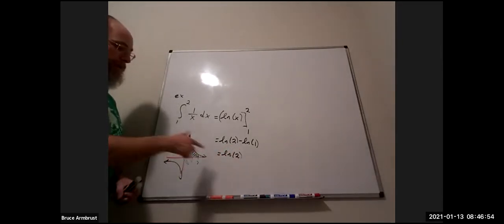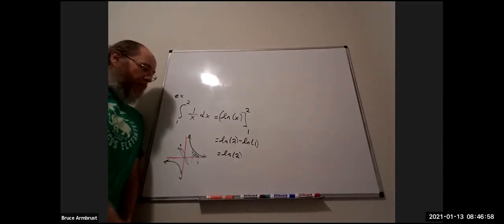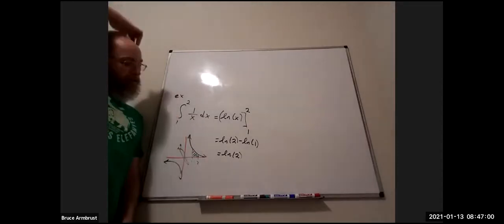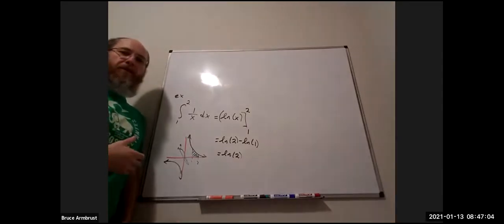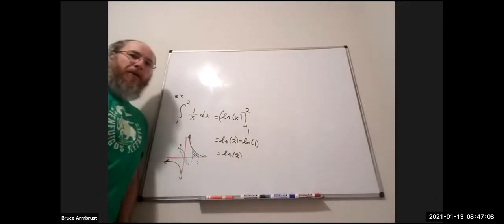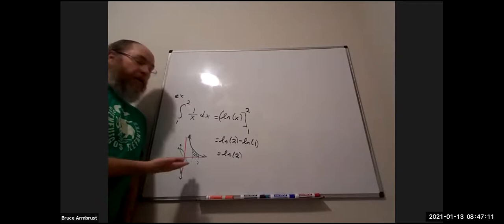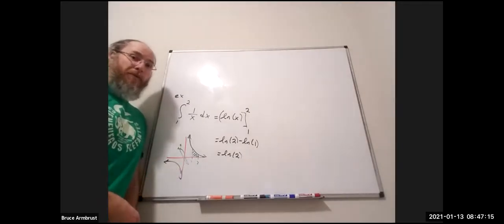So our answer to this is the natural log of 2. So the area under this graph between 1 and 2 is actually just the natural log of 2. It's like 0.69 something. All right, fast, easy, especially compared to Riemann sum.